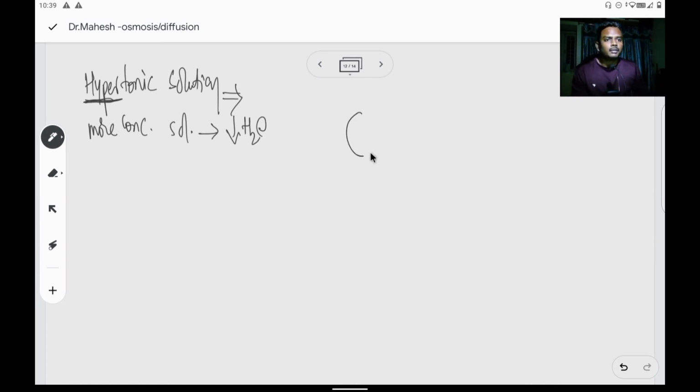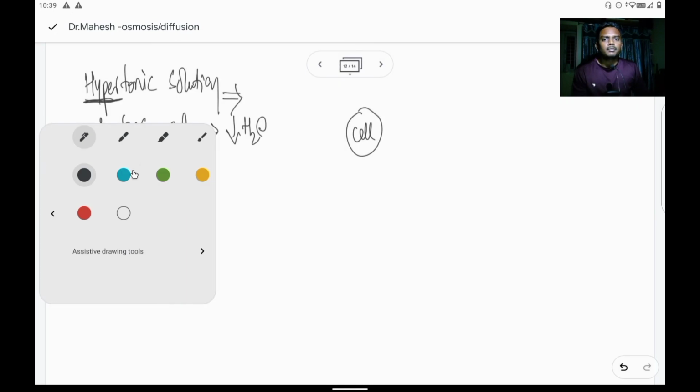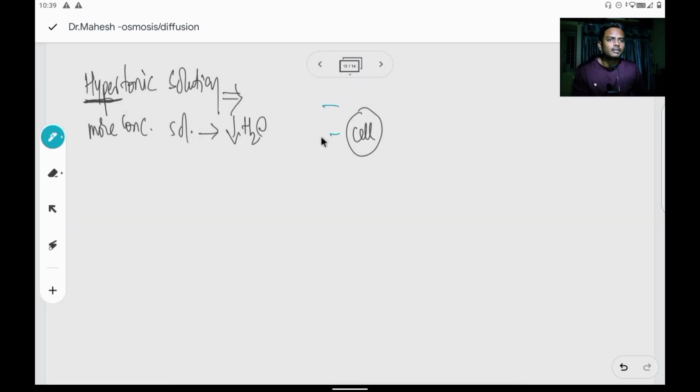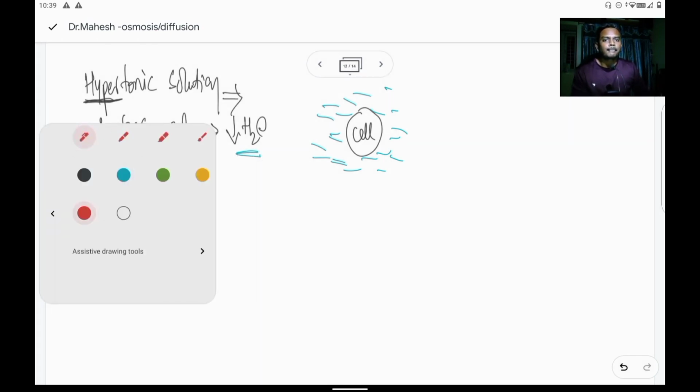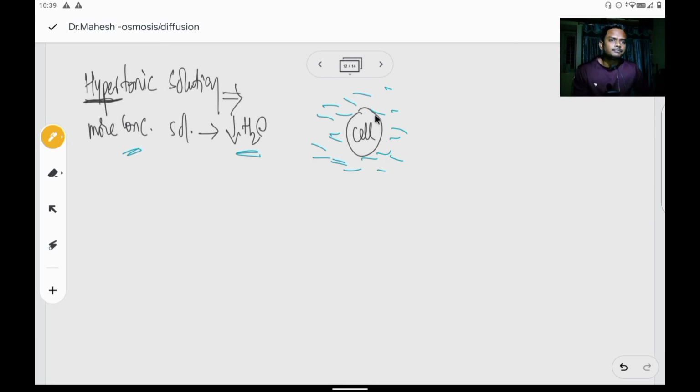Okay. If you keep a cell, any cell, plant cell or animal cell, in hypertonic solution, as I said, that means more concentrated and less water. Now what will happen? Water is less outside, in the surrounding of the cell.